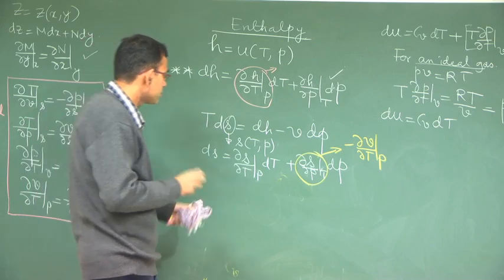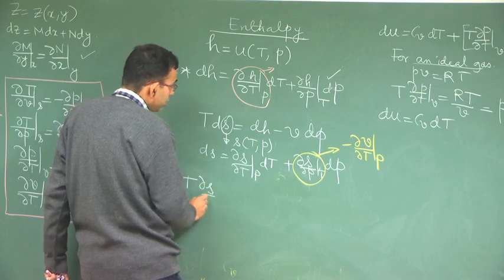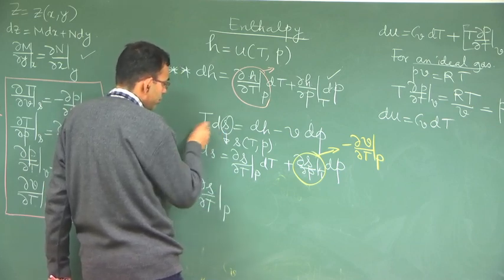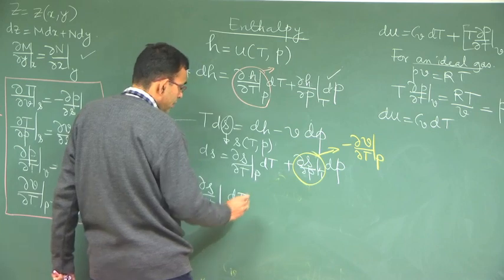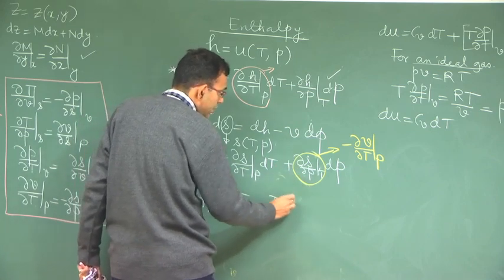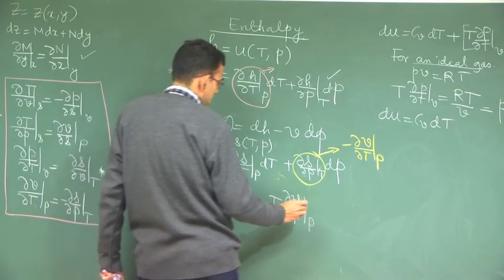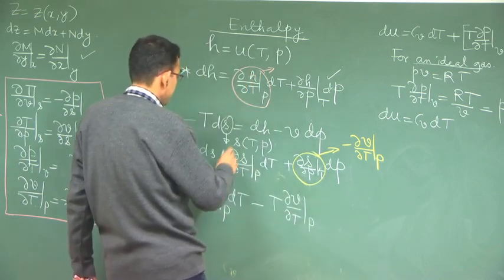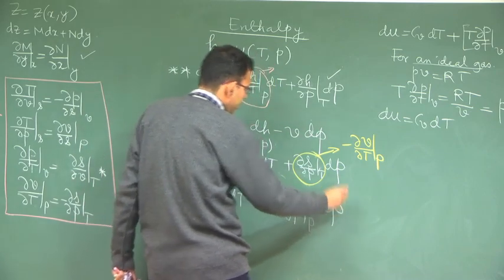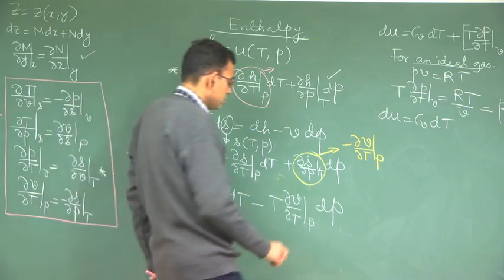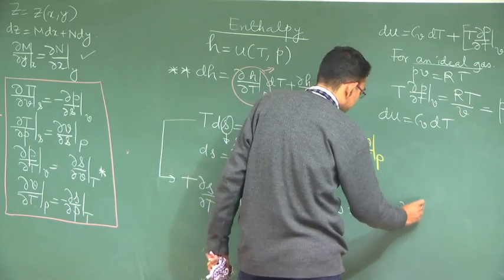So T into del S del T at constant pressure, so we substitute, into dT, plus, or rather minus, T del V del T at constant pressure into dP, is equal to dH minus VdP.